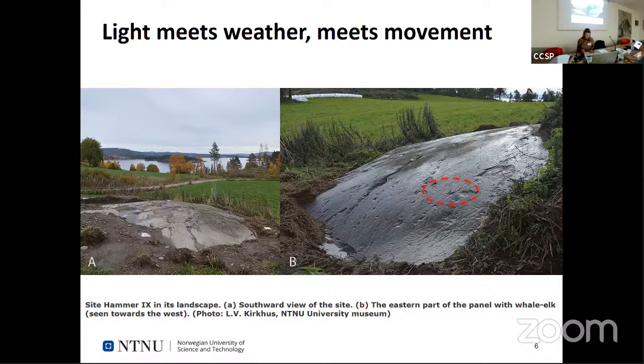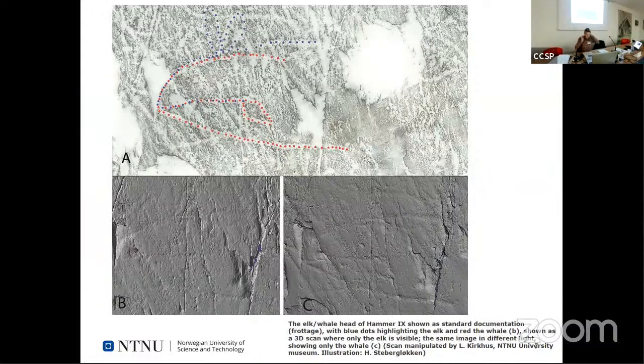So returning to the shifting of light, I will now focus on an example here within the red circle. This is from a documentation done in 2018, which I attended. What happened here was that we had really bad weather during the documentation work, so we had to work beneath tents.